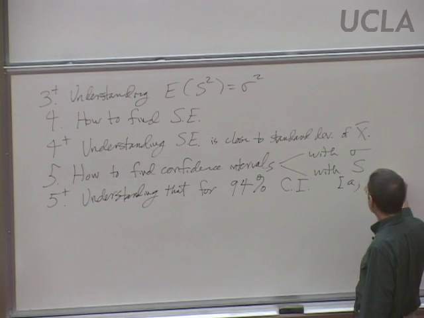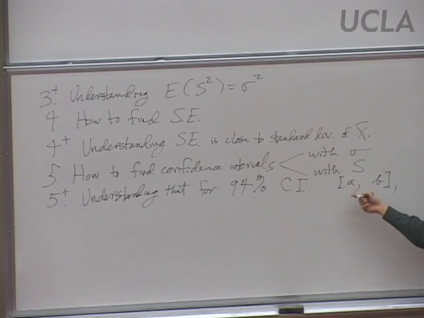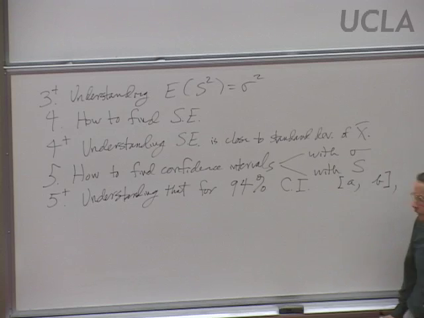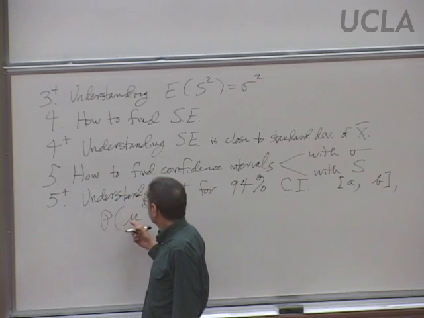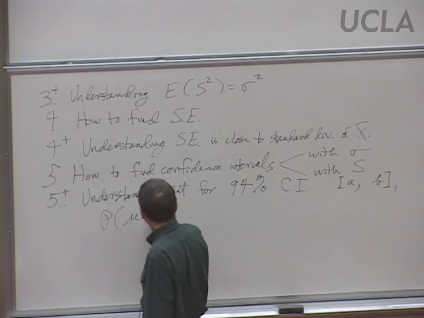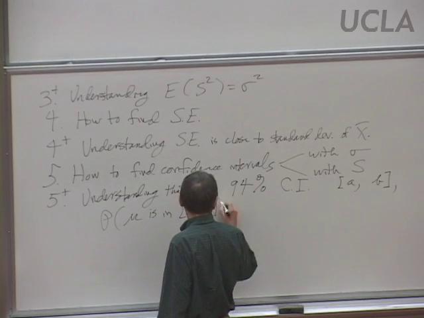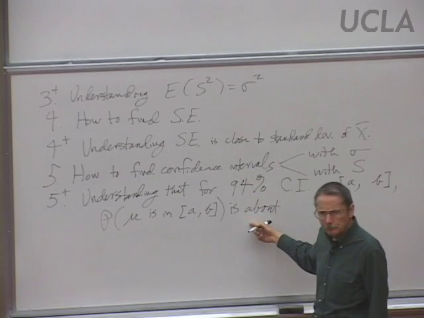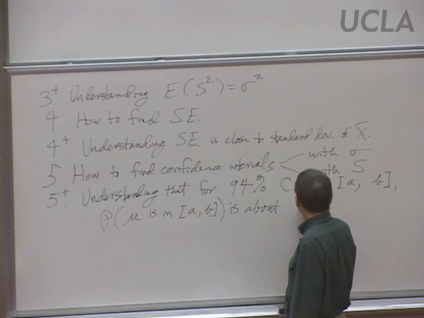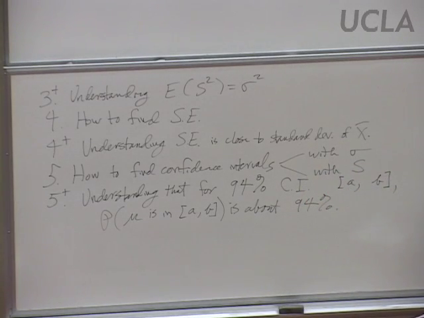Interval from A to B, say. That's telling us a certain probability. The probability that the mean measurement, mu, is in that interval is about, there were some approximations involved, is about 94%.